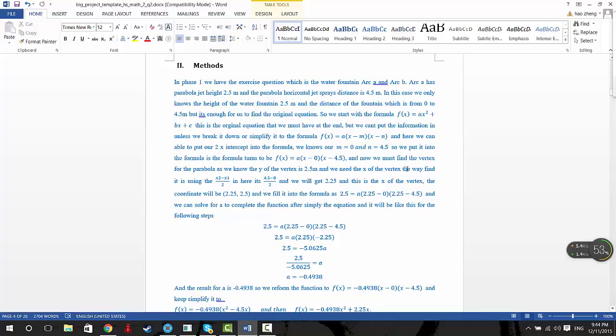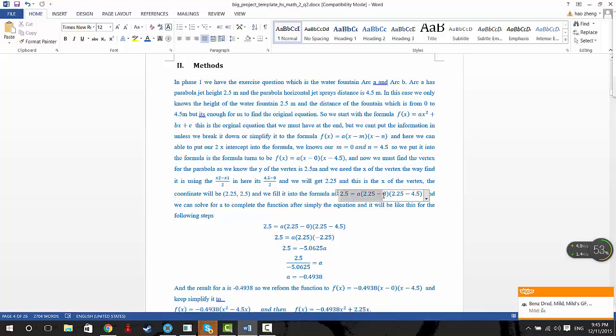The coordinate will be 2.25, this is the x, and 2.5, this is the y coordinate, and we fill it into the formula as 2.5 equals a(2.25 minus 0)(2.25 minus 4.5). The a is missing right now, so we can solve for a to complete the function.